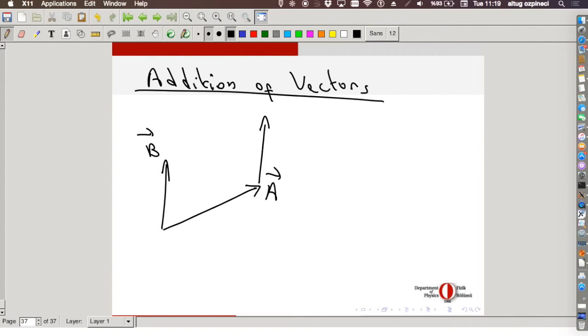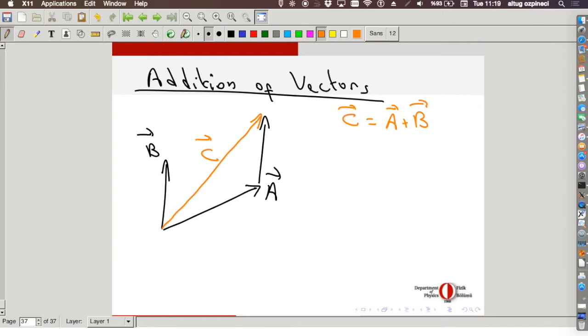So I first move it over there, and then this is the position of Denise. Let's say this is the vector C. C is equal to A plus B. This is how we define the addition of two vectors.